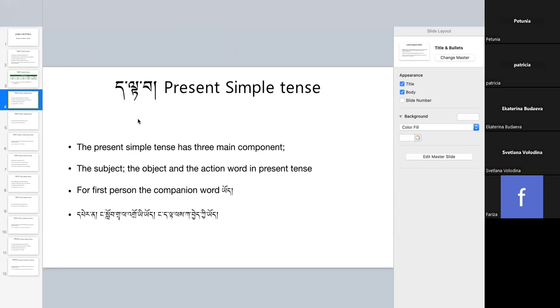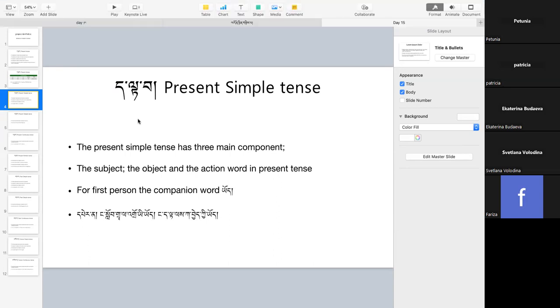So for any sentence to be present simple tense, it needs three components, which are the object, the subject, and the action word. Object could be inferential in some cases, so not apparently written in the statement.